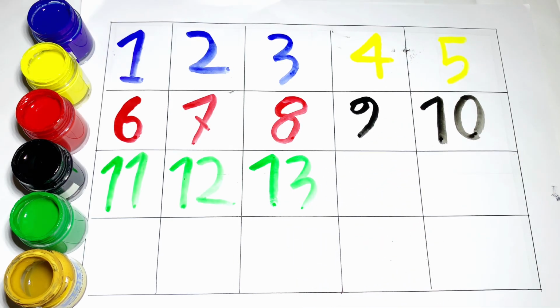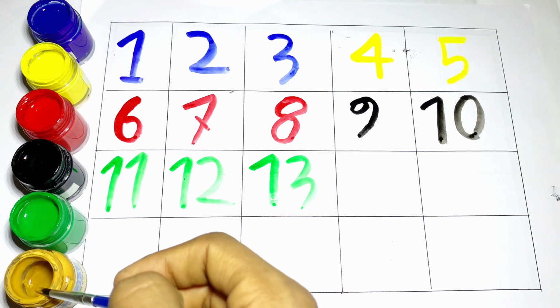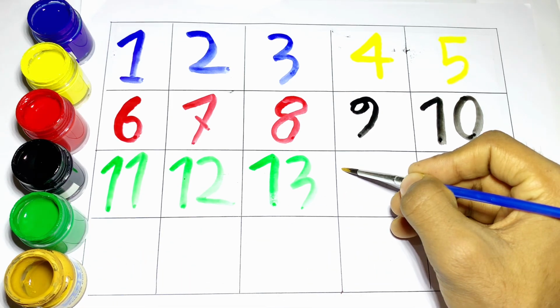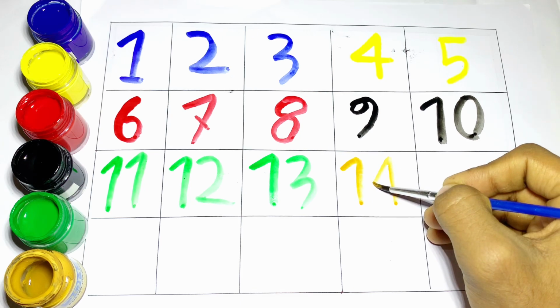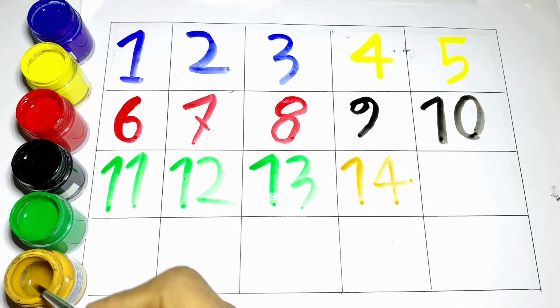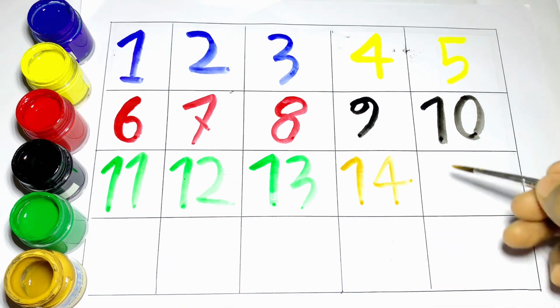Kids, now draw 14. The number 14, and use yellow ochre color. Kids, again use yellow ochre color and draw 15.